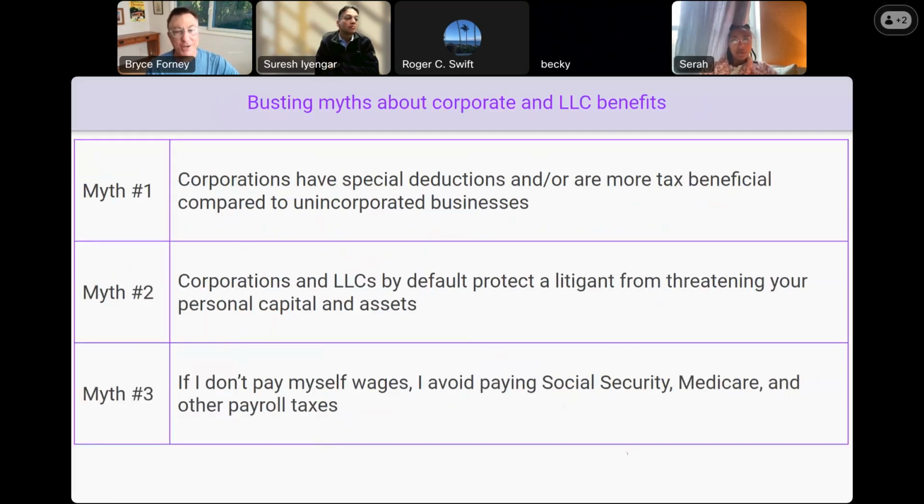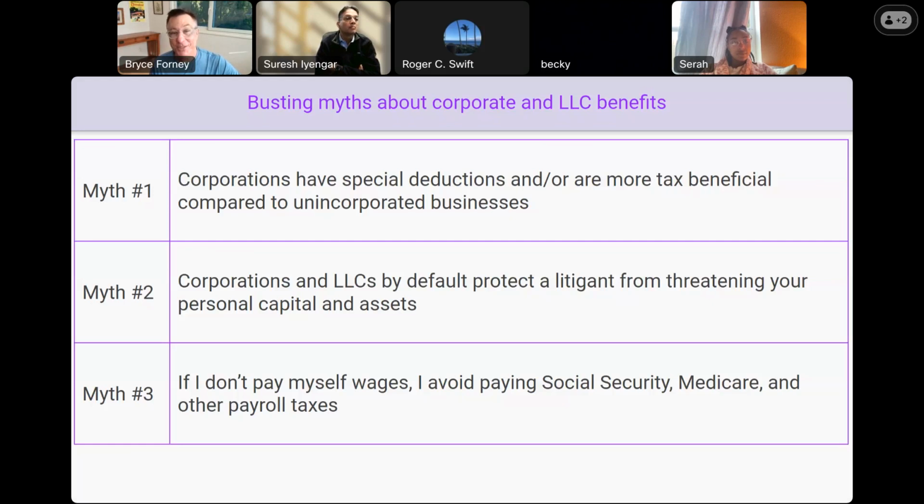So I wanted to dispel a few myths about corporations and LLCs in terms of benefits, because I know that the things that I'm saying today are counter to a lot of the things that you'll hear, particularly from attorneys and other accountants, but I promise you, there's no cover up on this. I'm telling you, this is exactly how it is.